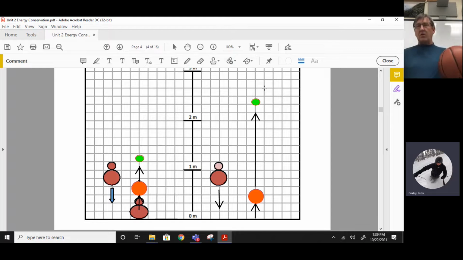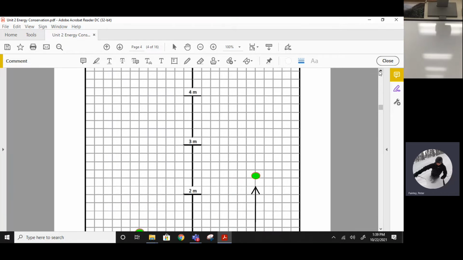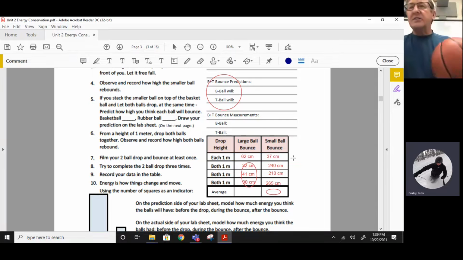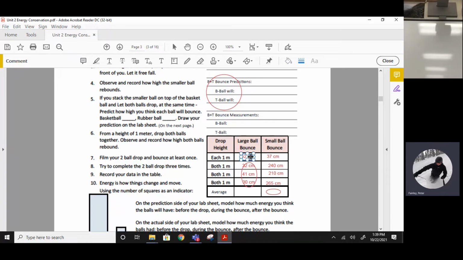You cannot destroy energy. If we go back to the data table, you'll see what I'm talking about. I'll get rid of this line because we need to look at these now to make these comparisons. By itself, the basketball, it says it bounced 62 centimeters here, right? But look, it didn't bounce that high when it was bouncing with the tennis ball.